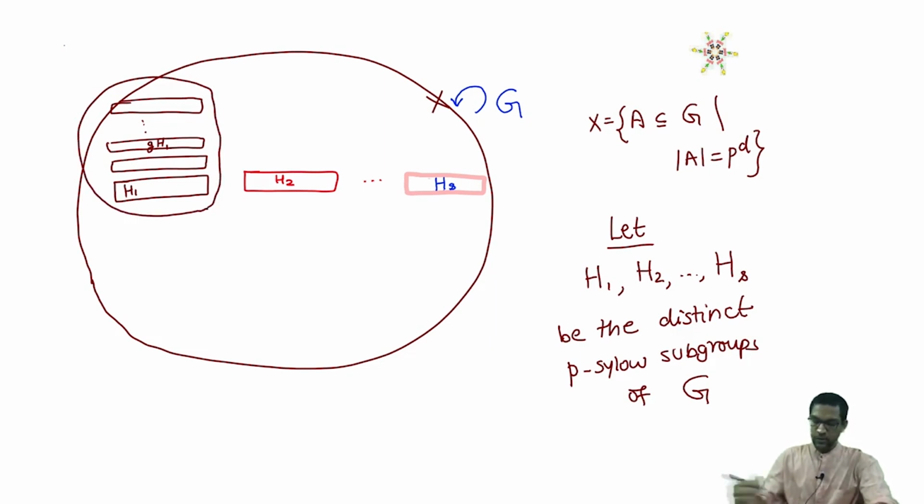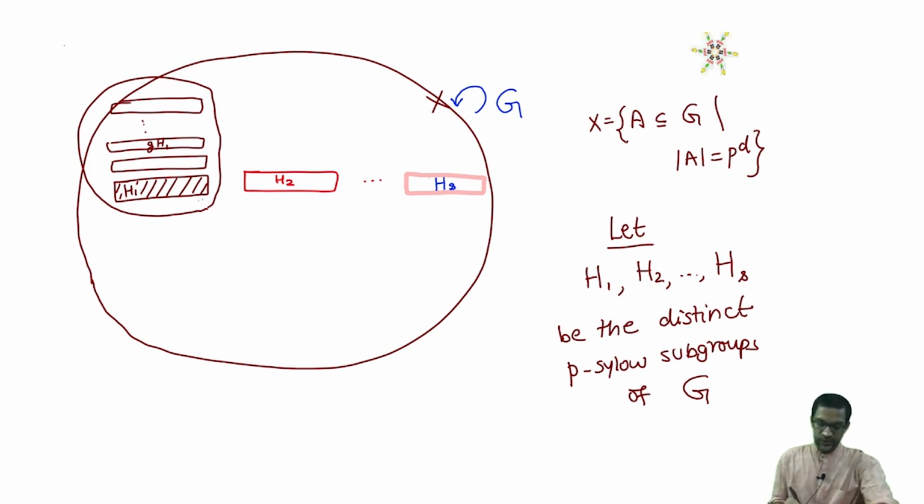Now let's move on to H2. So observe, H2 is not in this orbit, this H2 being a distinct p-Sylow subgroup. Note that in the orbit of H1, what you have are H1 and its various cosets. Among these, a coset can never be a subgroup except for the identity coset, meaning the coset of the original subgroup itself. All the other guys are not subgroups, they are not closed under multiplication.